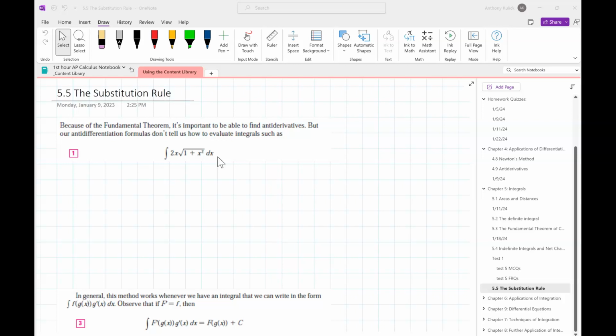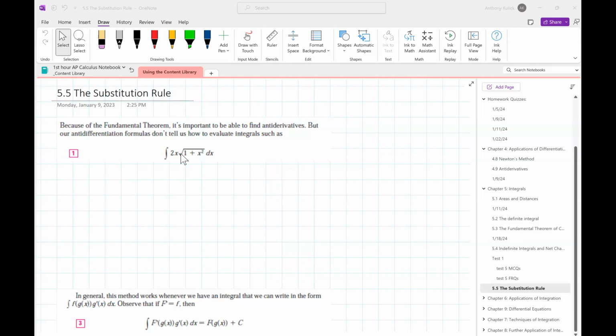This looks like a mess by our antiderivative rules, right? There's no antiderivative rule that even comes close to being able to deal with this because we have the product of two functions and then we have a composition, the 1 plus x squared is composed inside of the square root. Yuck, right? What am I supposed to do with this?